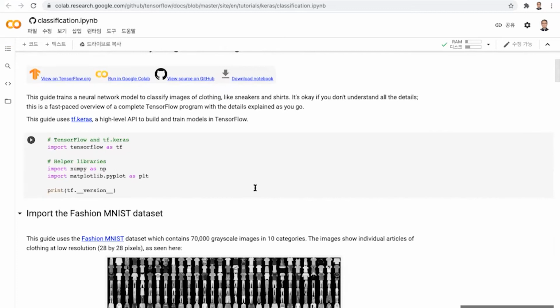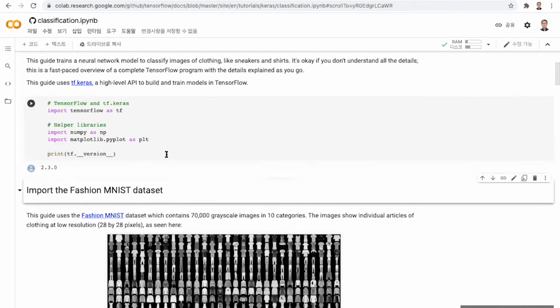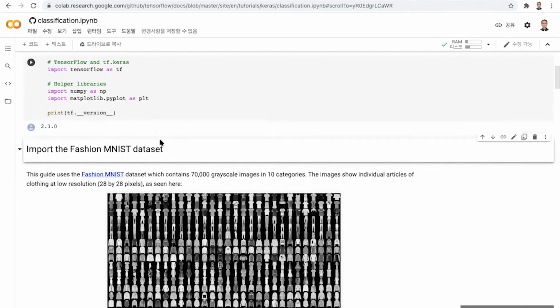So now we know a lot about TensorFlow. In the first cell, we import TensorFlow, NumPy, and Matplotlib, and then print out the TensorFlow version. In this notebook, TensorFlow will classify images of clothing.